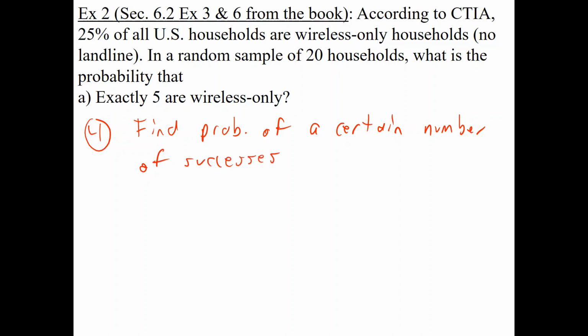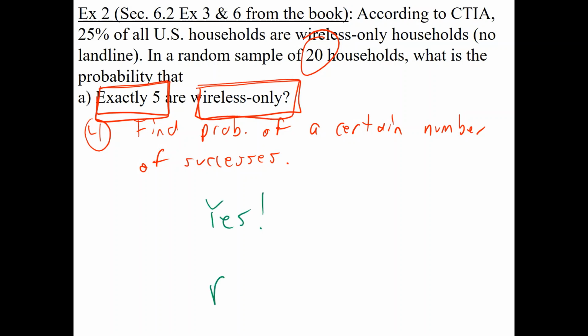And that's what they're doing here. Remember, success was if the house is wireless only, and they're asking to find the probability to get exactly 5 of the 20 being wireless only. So that's exactly it. Find the probability of this many successes. So yes, that's definitely what they're asking in part A. So this is binomial.